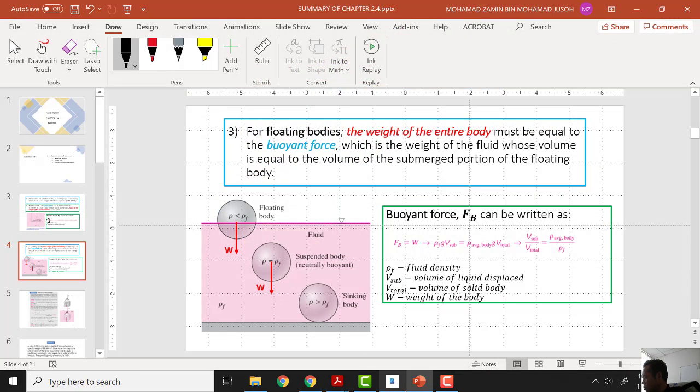Here, rho is the fluid density. V sub D is the volume of liquid displaced. In this case, it is half of the entire volume of the floating body. For floating bodies, you must remember that the weight of the entire body must equal the buoyant force.